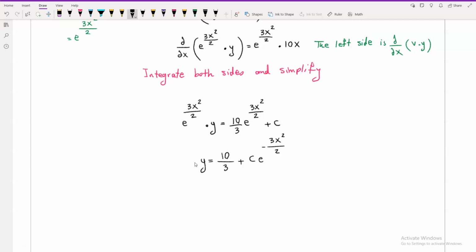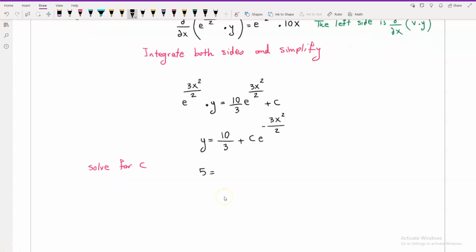Next, we'll use the initial condition to solve for c. So solve for c using what we have for x and y. So what was given for y, we have 5 and x is 0.